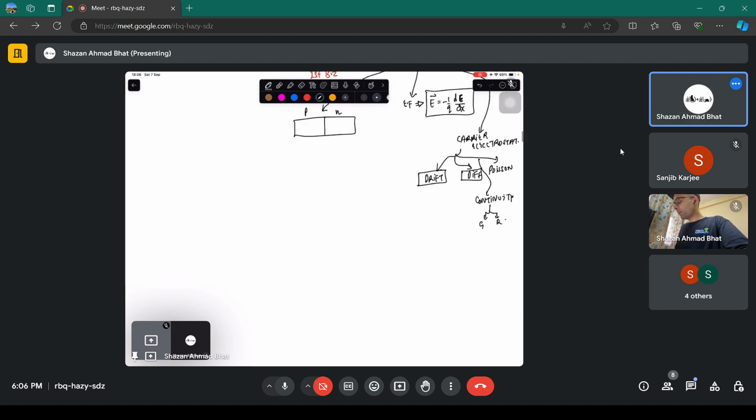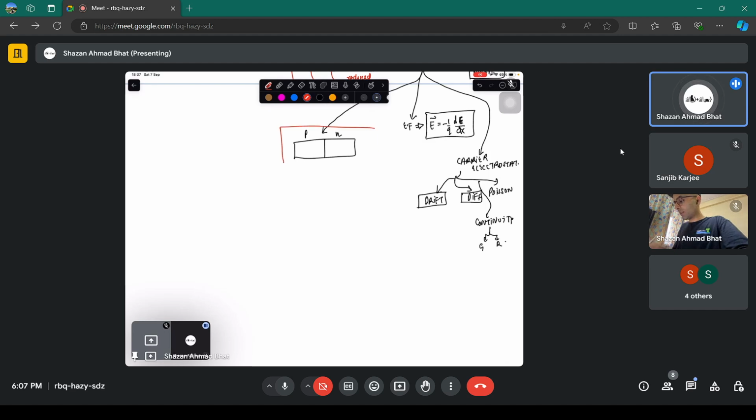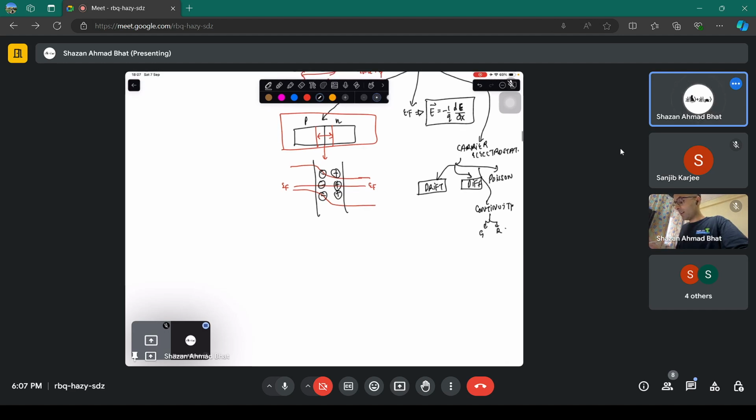You then shifted towards understanding what happens when you combine the two semiconductors. You form something called a depletion region, where there is a bending like this in equilibrium, and you have a common Fermi level. This region is the depletion region, where you have positive immobile ions on this side and negative ions on this side.